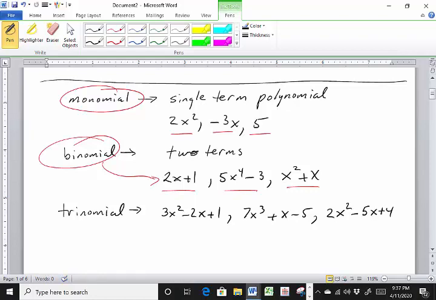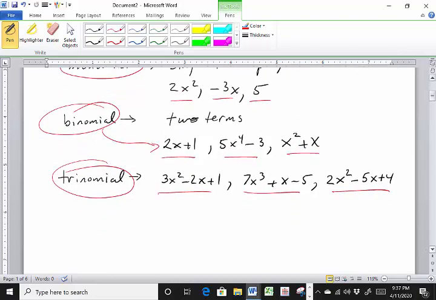Basically three terms, a trinomial, and in general we can also call it a polynomial. After trinomial, there's no specific name. For 4 terms, 5 terms, and so on, you would just call it a polynomial.